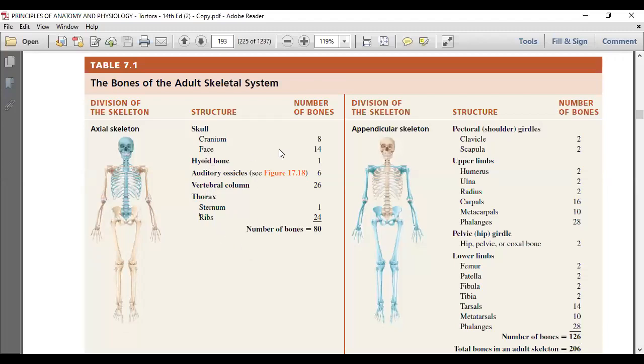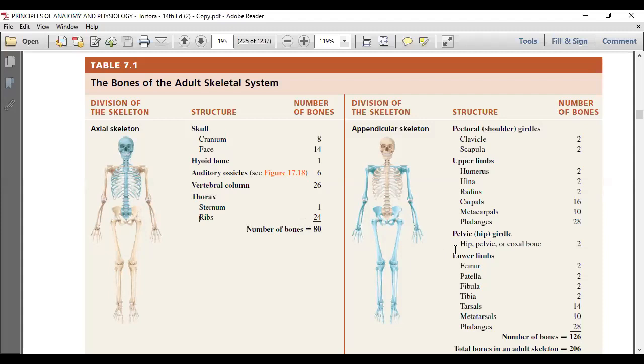The cranium has 8 bones, the facial bones are 14, one hyoid bone, and 6 auditory ossicles: 2 malleus, 2 incus, 2 stapes. Then 26 vertebrae of the vertebral column, one sternum, and 24 ribs. The total calculation is 80. This calculation is very important here.